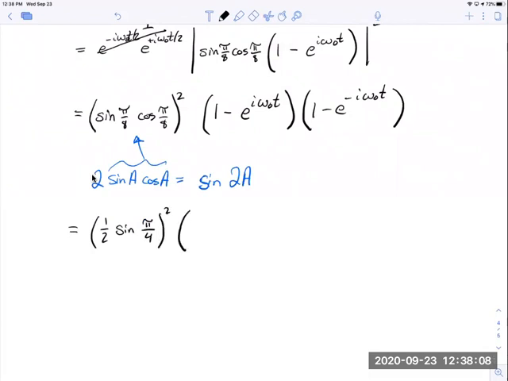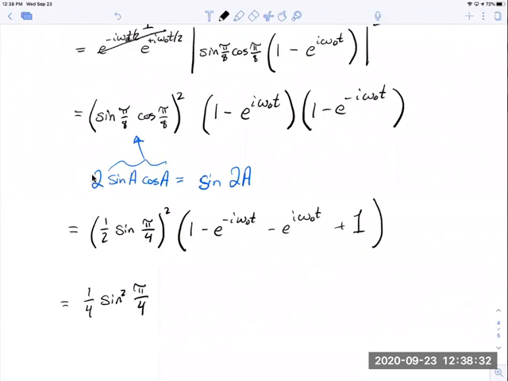Now I'm going to multiply this out, so I get 1 minus e to the minus i omega naught t minus e to the plus i omega naught t plus 1. So this gives me 1/4 times the sine squared of pi over 4.